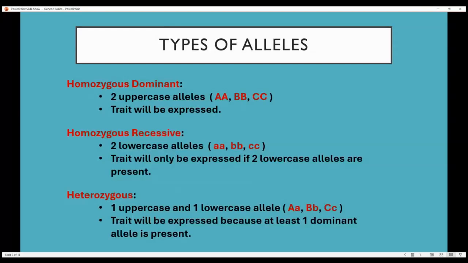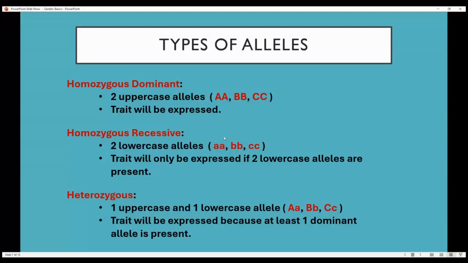The types of alleles. Homozygous dominant is represented by two uppercase alleles, or two uppercase letters. And because there are two dominant alleles, the trait will be expressed. Homozygous recessive is two lowercase alleles, and the trait will only be expressed if two of these alleles are recessive.